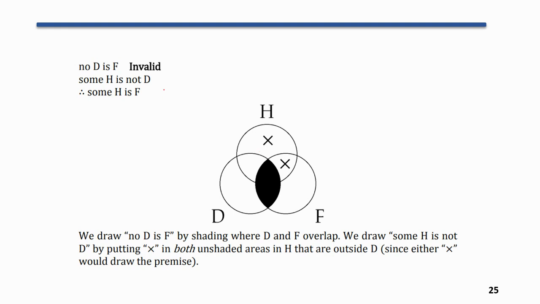Then some H is not D. Between H and D we will draw, and then we will cross out the non-overlap portion because some H is not D. So what is resting? If this is cross, this portion is also cross. You can understand from the drawing. So we draw that some H is not D by putting cross in both the unshaded areas.